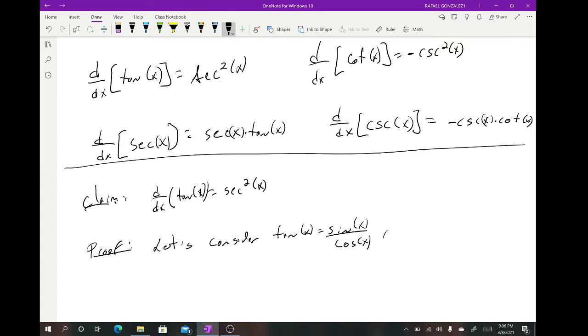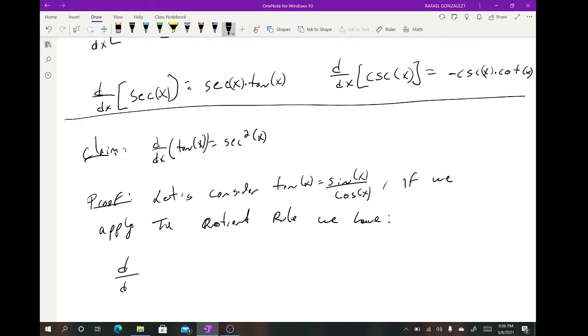If we apply the quotient rule, we have the following.